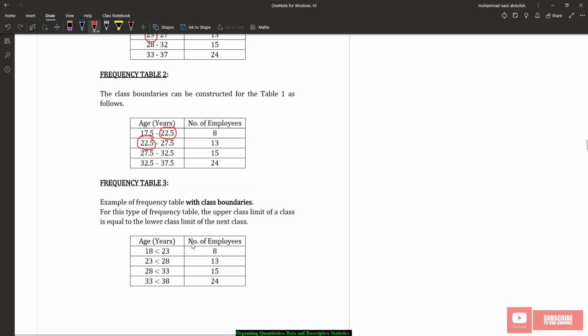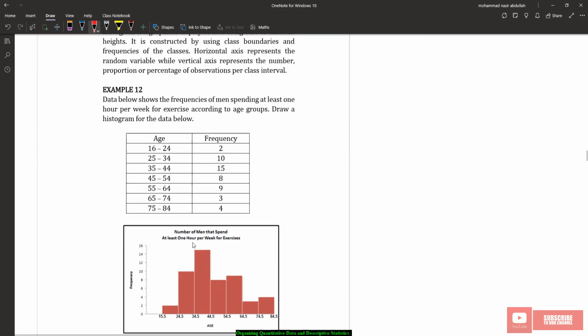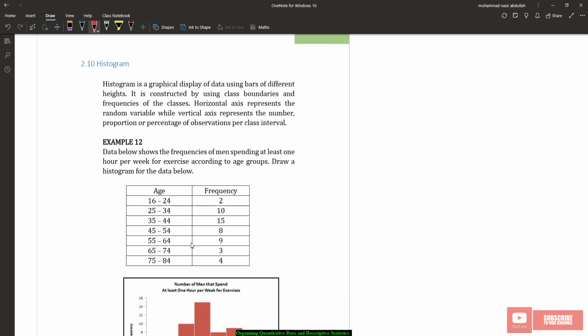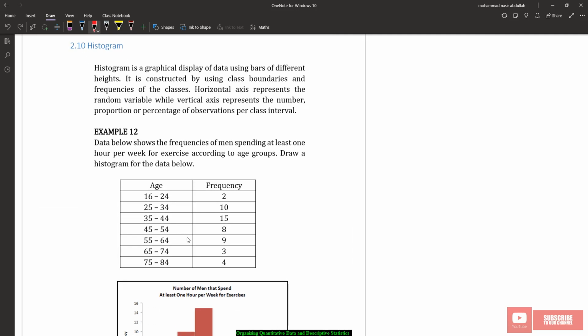Alright, now let's look at the next graph that we can use for quantitative data. The famous graph for quantitative data is a histogram.